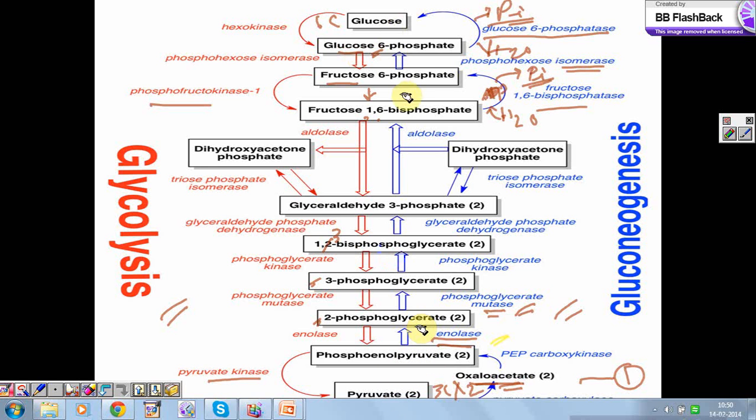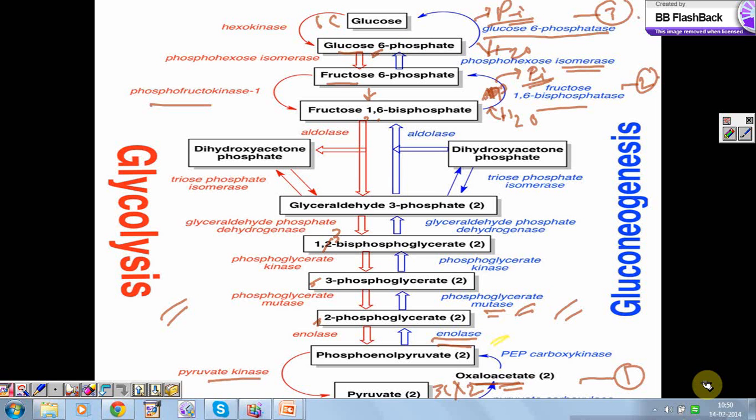The second step is this one, where fructose 1,6-biphosphate produces fructose 6-phosphate by the enzyme fructose 1,6-biphosphatase. And the third step, which is a very crucial step, is where glucose 6-phosphate produces glucose with the help of the enzyme called glucose 6-phosphatase.